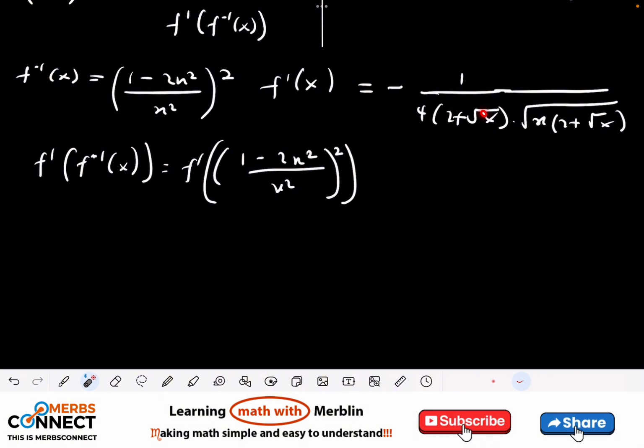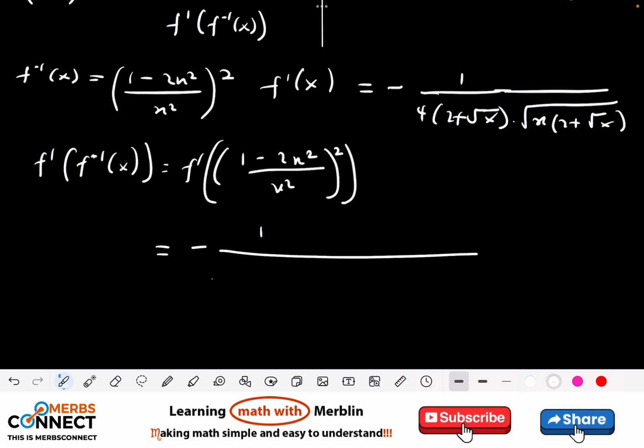So all the x into parentheses, all the x into parentheses, we put all of them in. So we are going to have negative 1 divided by 4. Then we are going to have 2 plus root of. So now the root, since this is x, now the x is the whole of this.